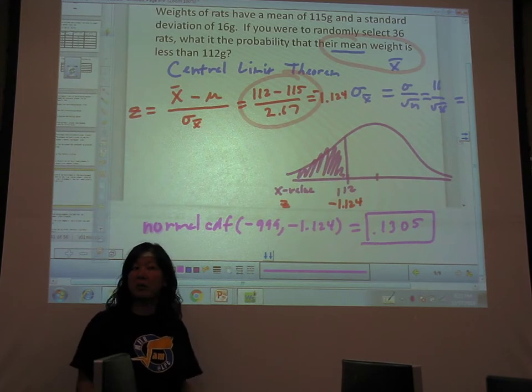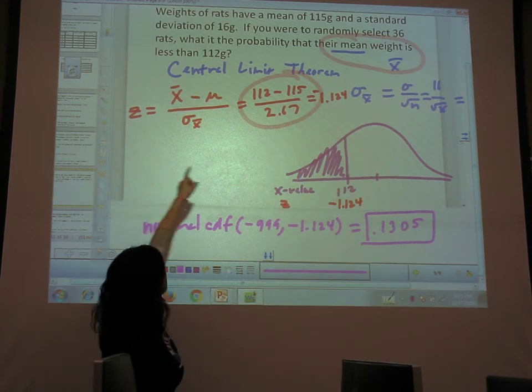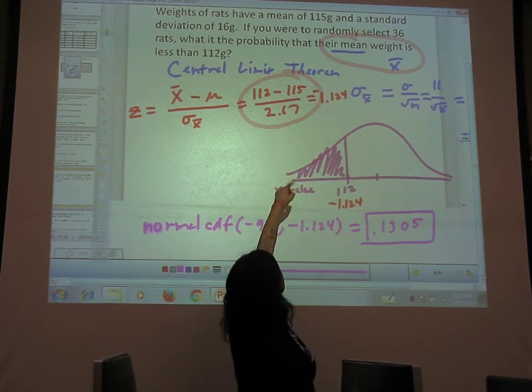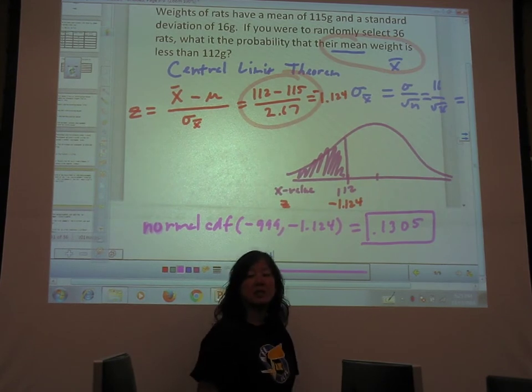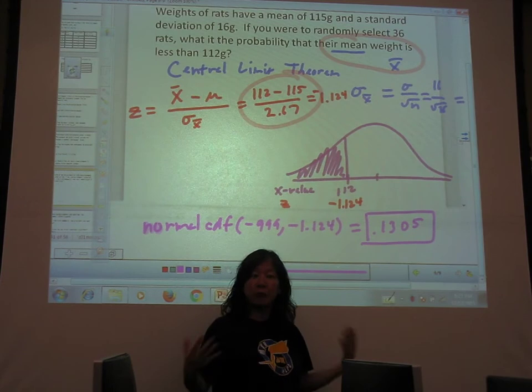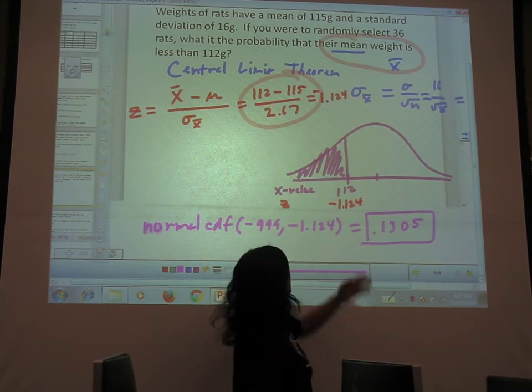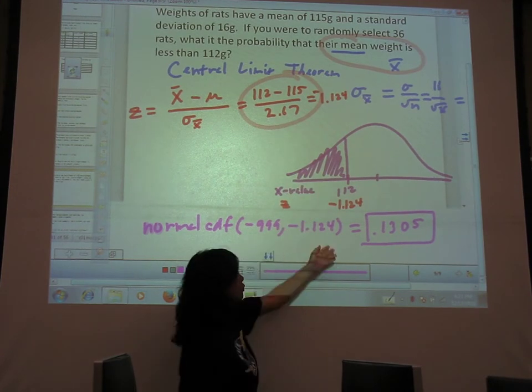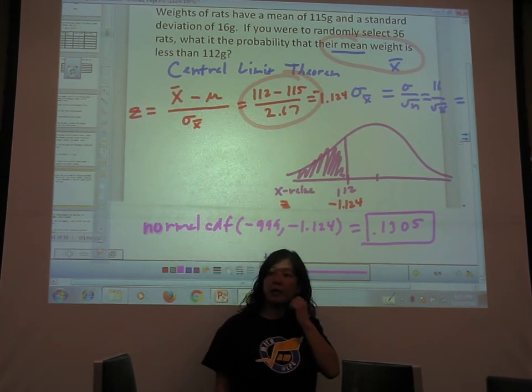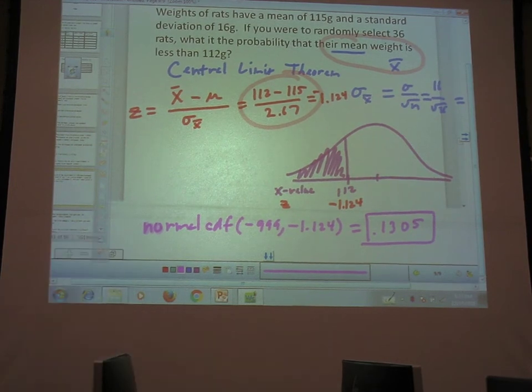Everything else is exactly the same. 112 minus 115 divided by something. The only difference is the something is no longer 16, it's 16 divided by square root of n. You get your z-score, you draw your picture, you shade, and you do normal CDF to find that area.